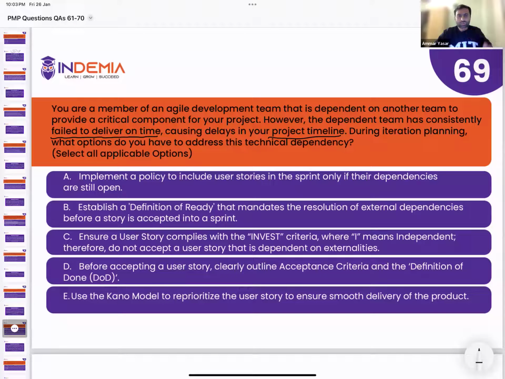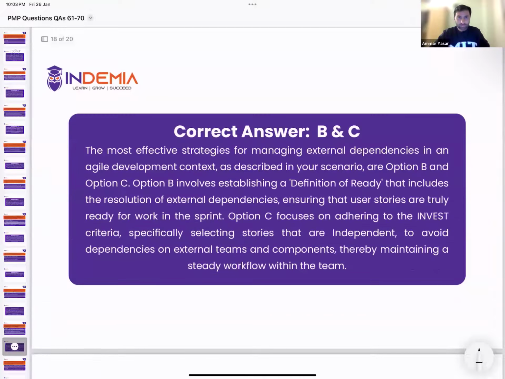All right. Let's move to the next question. Read the explanation, then we'll move to the last question.